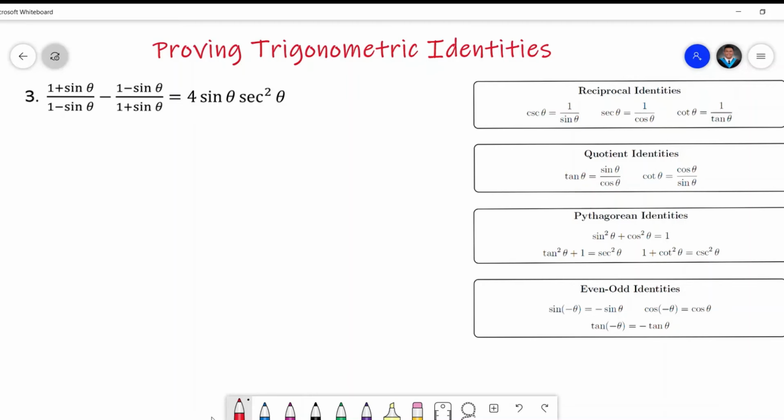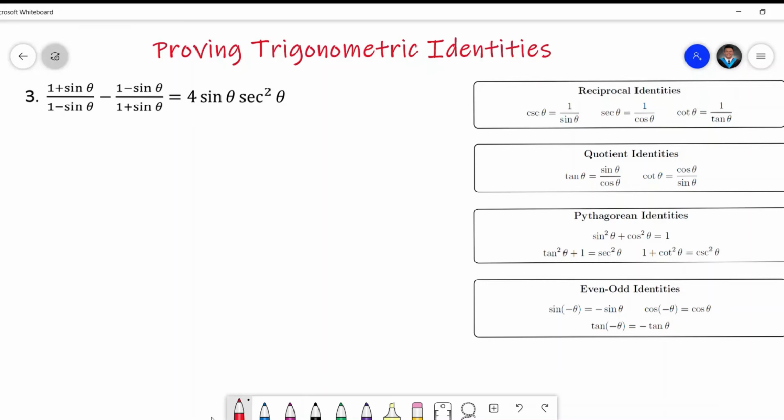For our third example, let's prove that 1 plus sine theta over 1 minus sine theta minus 1 minus sine theta over 1 plus sine theta is equal to 4 sine theta times secant square theta. Now again, in proving trigonometric identities, the first thing we do is to pick one side of the equation that is more complicated to simplify.